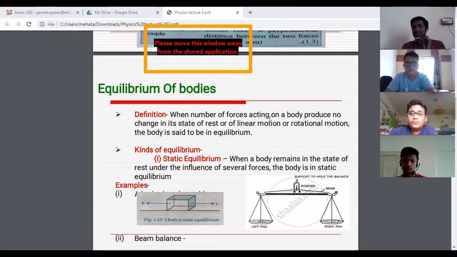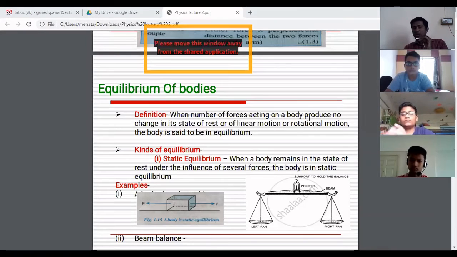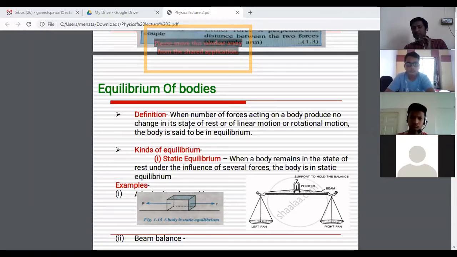When a number of forces acting on the body produce no change in the state of rest or linear motion or rotational motion, the body is said to be in equilibrium.